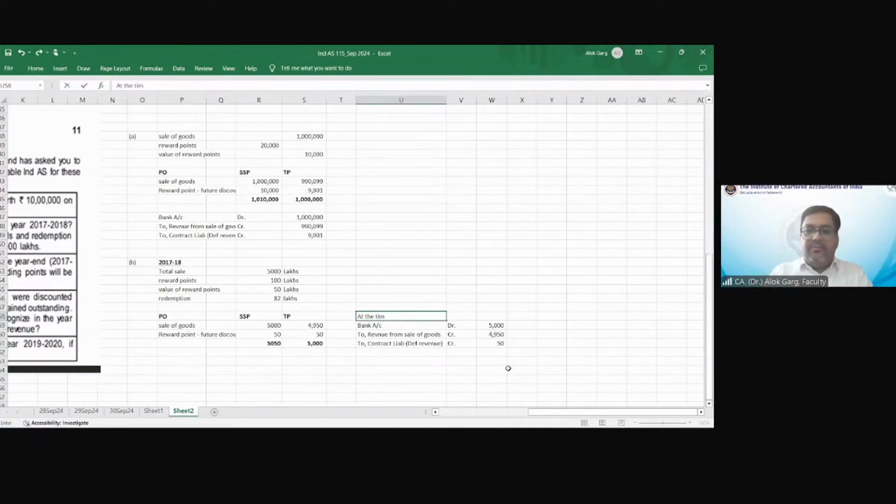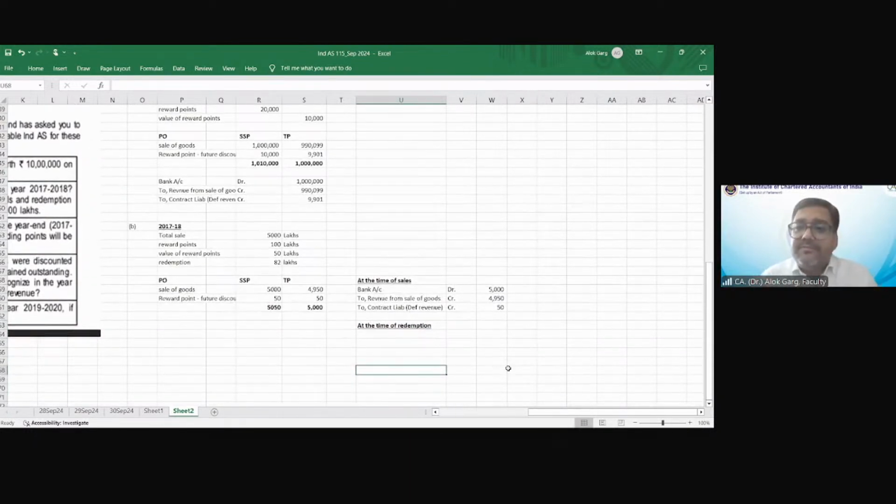So at the time of sales, and at the time of redemption, how many points have been redeemed? 82 lakhs, okay, 82 lakh points, not money. So contract liability, deferred revenue will be debited, account debit, to what?